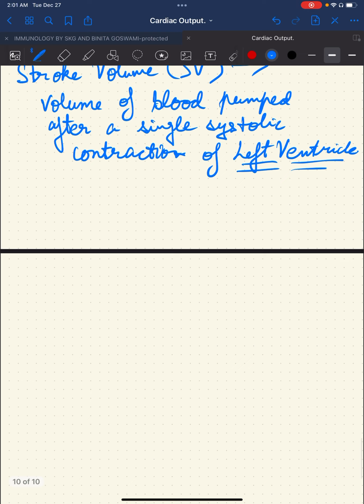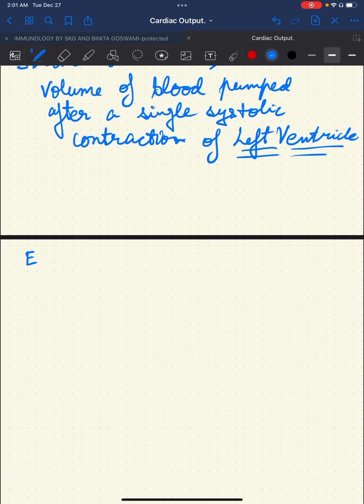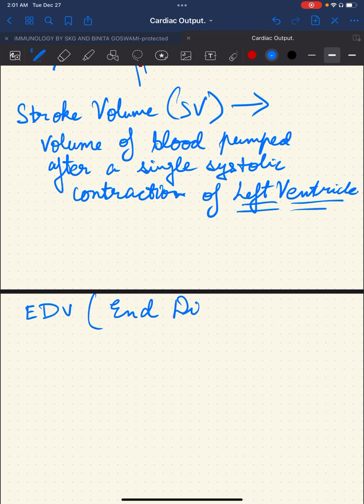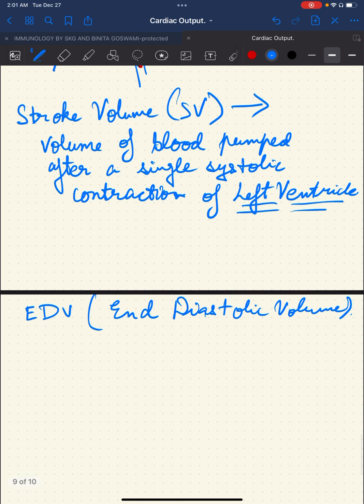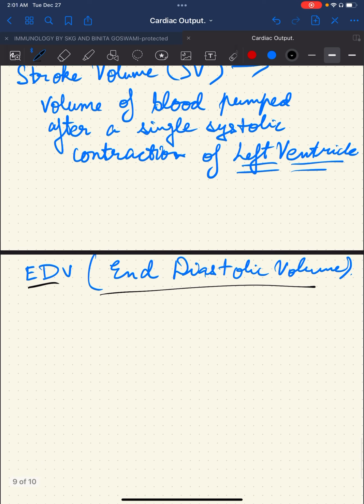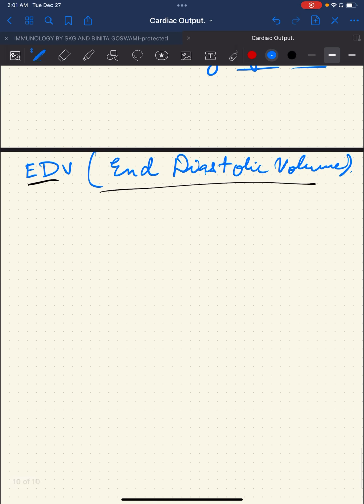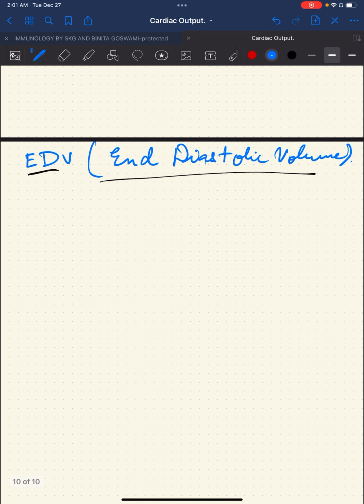Okay, few more terms. EDV or end diastolic volume. So suppose my heart is contracting. Okay, when my heart is completely contracted and when it relaxes, my drawing is very poor.